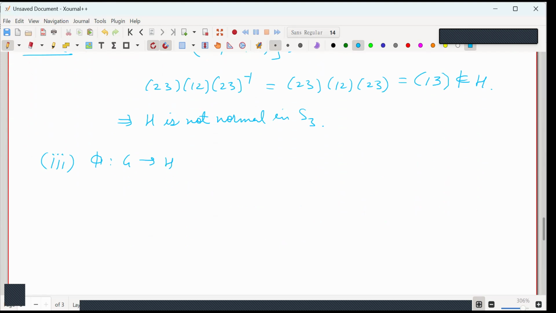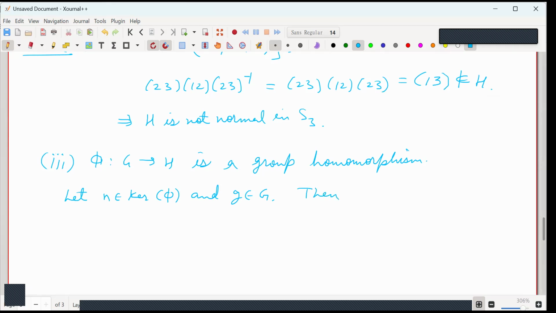So phi is a group homomorphism. This is given. Let n belong to the kernel of phi and g belong to G. Then consider phi of g n g inverse.